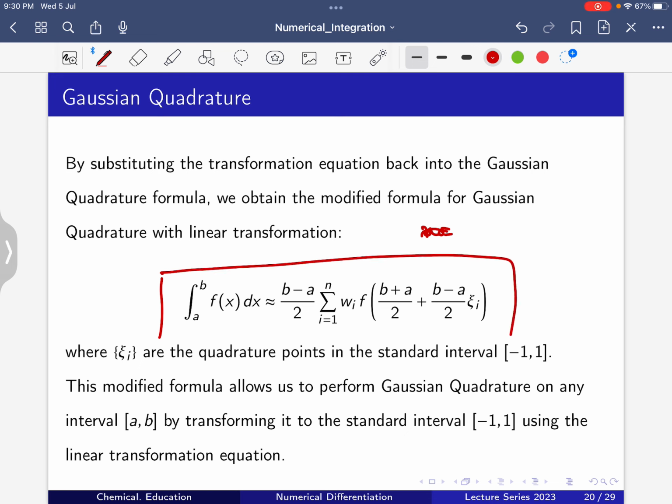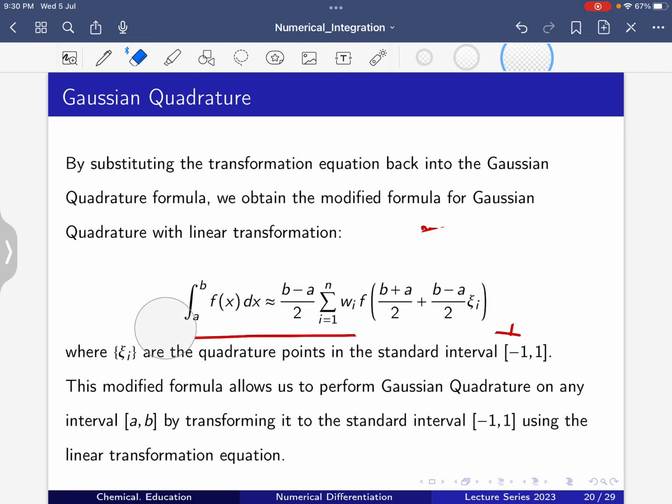The integral from a to b of f(x) dx equals (b minus a) by 2 times the summation from i equals 1 to n of w_i f of ((b plus a) by 2 plus (b minus a) by 2 zeta_i).